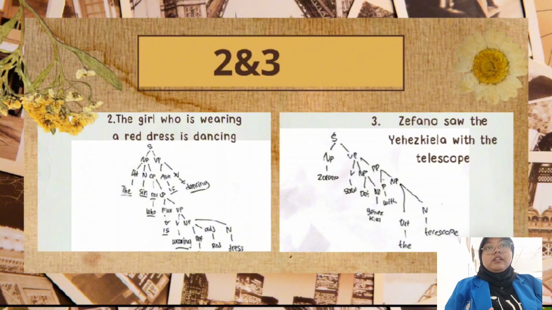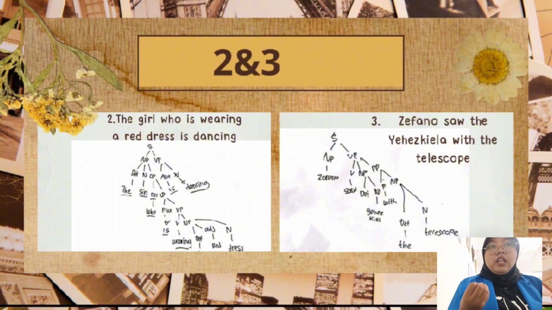Okay. Second: the girl who is wearing a red dress is dancing. This sentence is a complex sentence because it contains a relative clause. The main structure is still subject noun phrase and verb phrase, where the subject noun phrase is the girl.